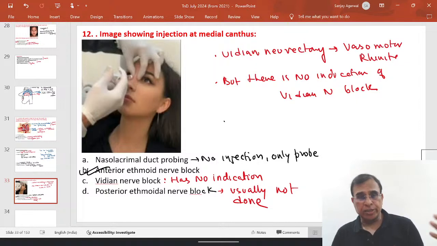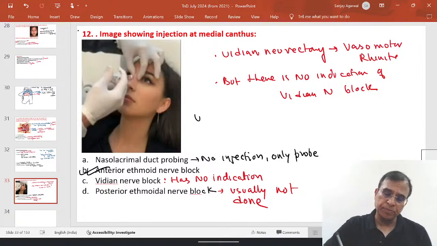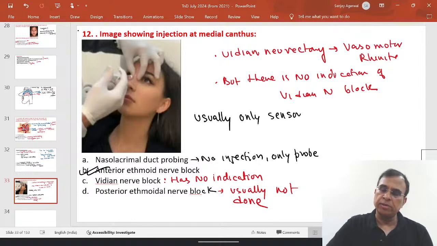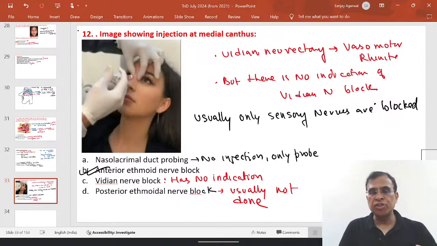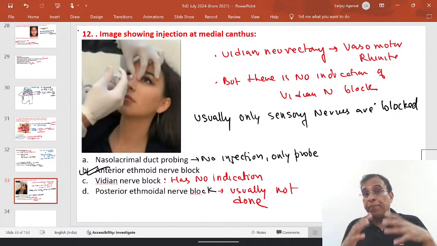Whenever we block a nerve, any nerve that we block anywhere in the body, usually only sensory nerves are blocked. Isn't it? Because you want to block the sense of touch and pain. When you are doing any procedure anywhere in the body, the patient can feel the touch of the instrument, which causes anxiety and pain.